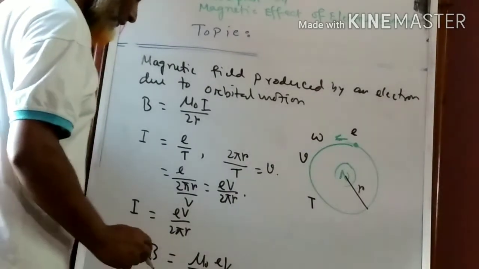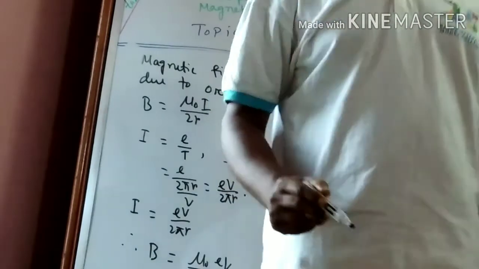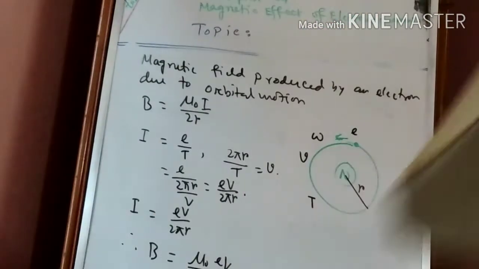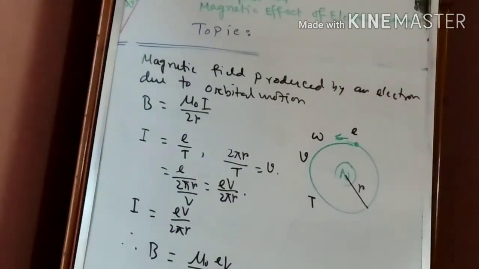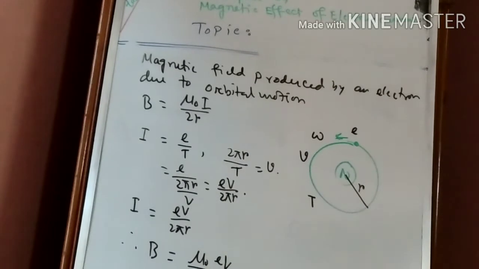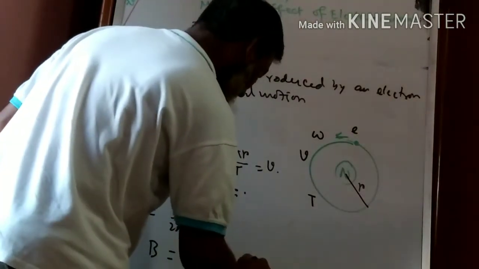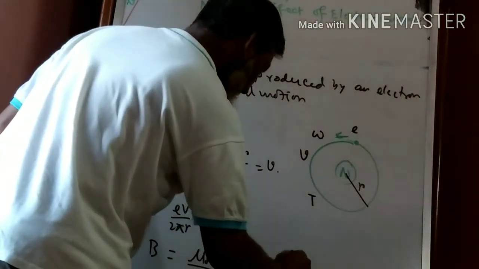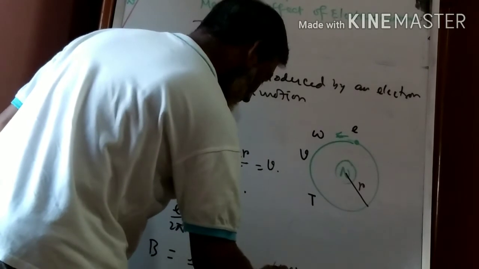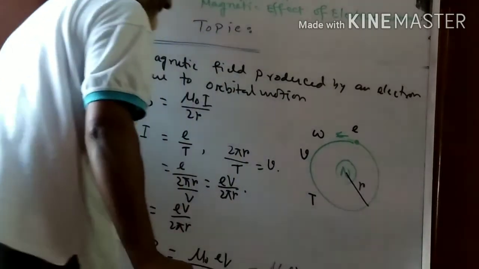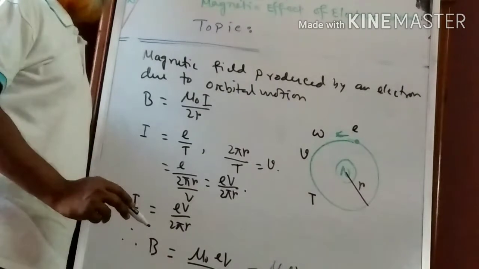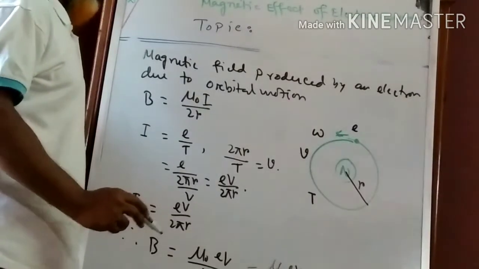B equals mu naught e v by 4 pi r square. So we get the magnetic field produced: mu naught e v by 4 pi r square is the magnetic field produced due to the orbital motion of the electron.